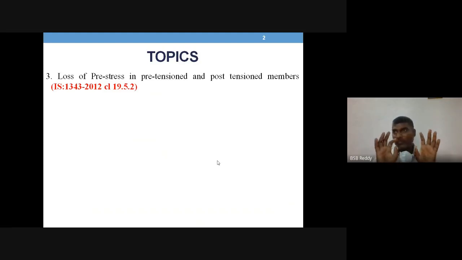That is what is important. It is not the value that you have tensioned the tendon to, say 1,000 megapascal stress induced in the tendon, but that is not important for us. What is important is the value of stress that is being induced in concrete. That is what is required.